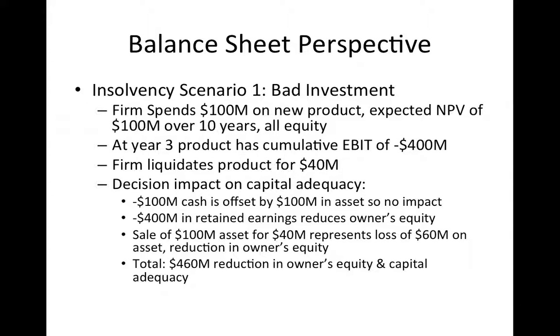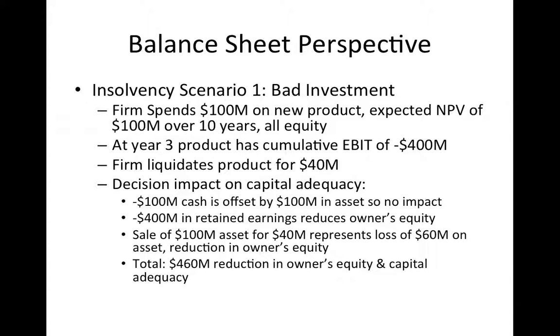For example, say they spend $100 million on a new product idea. It has an expected net present value of $100 million. Remember, net present value would mean that it's going to earn $100 million more than the $100 million that they spent on it over 10 years. And let's just say that they're going to fund it all with equity. So we're not even bringing debt into this at all.